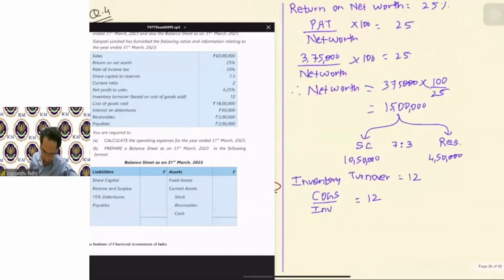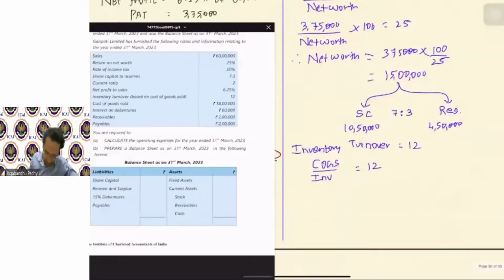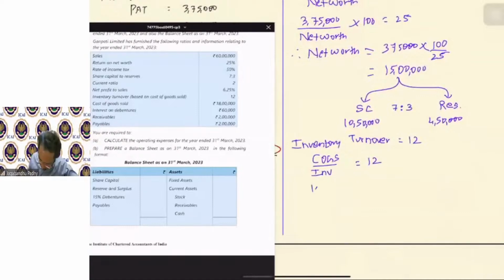So what is the value of COGS? COGS is 18 lakhs. 18 lakh divided by inventory is 12.